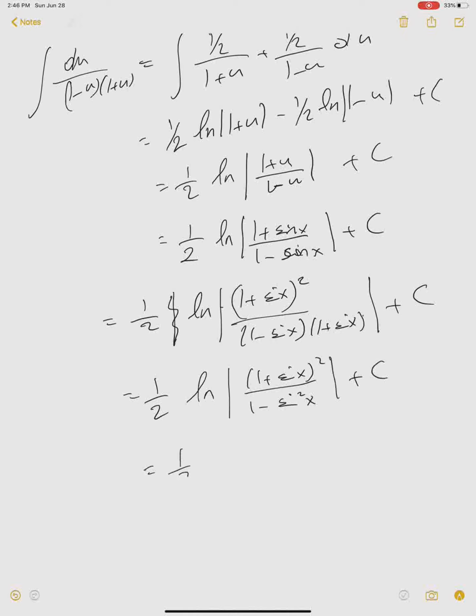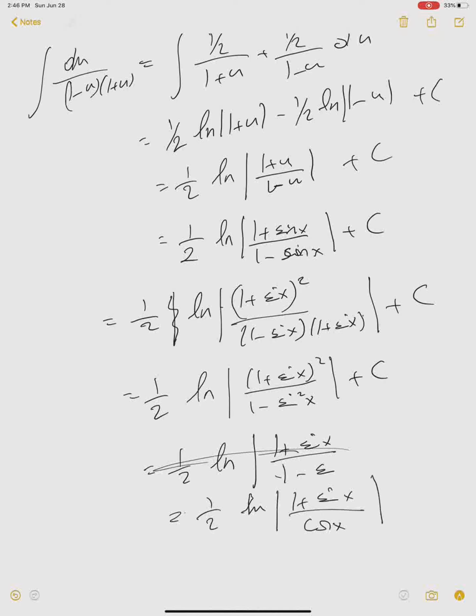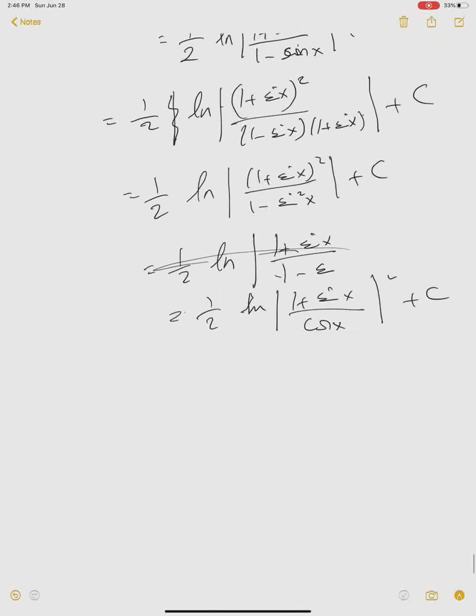And 1 minus sine squared is cosine squared. So I can write this as half of log of (1 plus sine x) over cosine x, the whole thing squared, plus c.